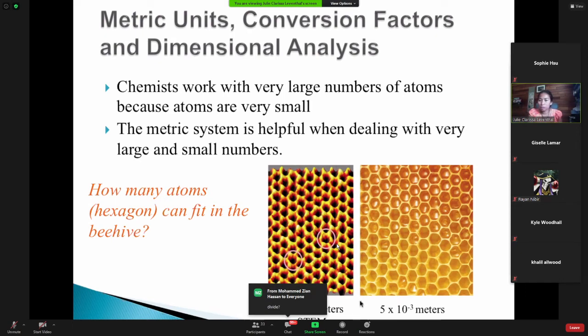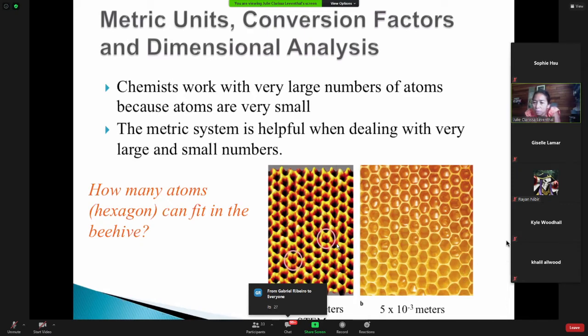Divide, very good. So you divide 5 times 10 to the minus 3.